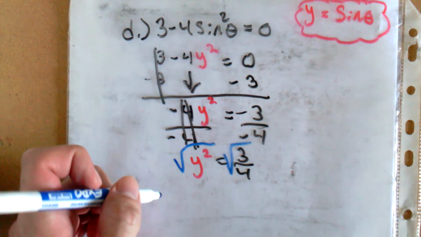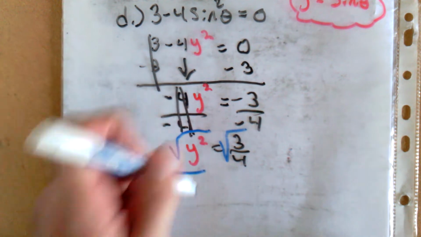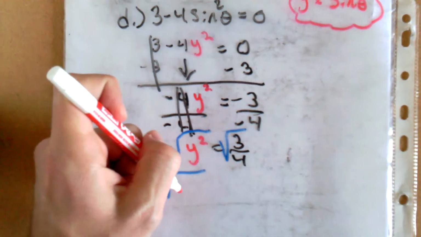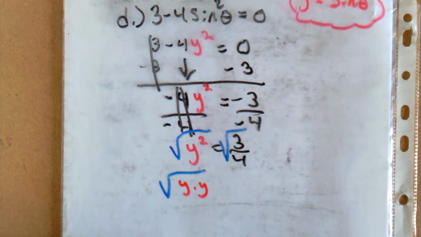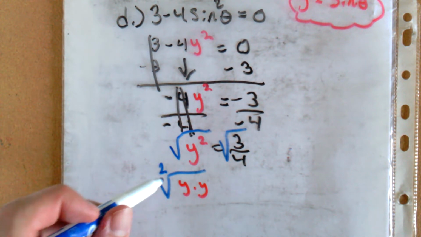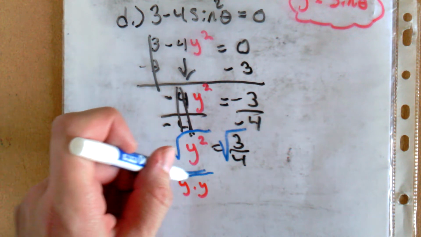Now let's just remind ourselves, how do we take the square root of a number? Remember that y squared can be rewritten as y times y, because y squared is just the same thing as y times y. Remember that when we have a square root, the index is 2. So we're looking for 2 of the same number, or a pair, which we have here, y and y.